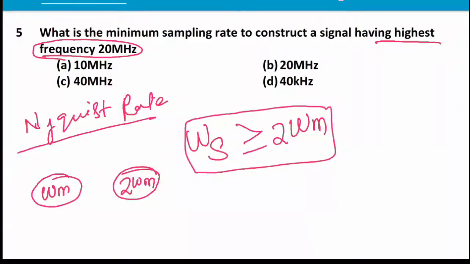So here the question is given 20 megahertz, so minimum sampling frequency will be 40 megahertz. So here option C is the correct answer.